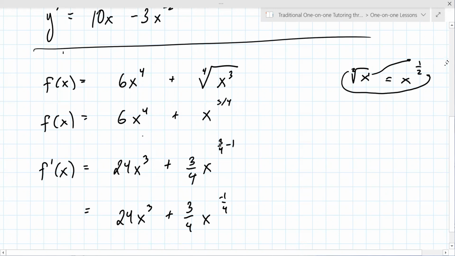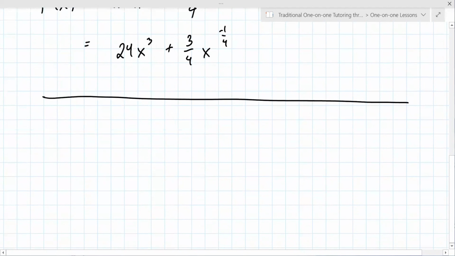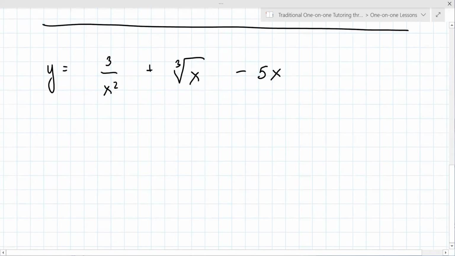Okay. Yes, okay. So let's say y equals 3 over x squared plus the cube root of x minus 5x. Let's take the derivative of each of these. So you may want to do a rewrite step. You may want to rewrite here.